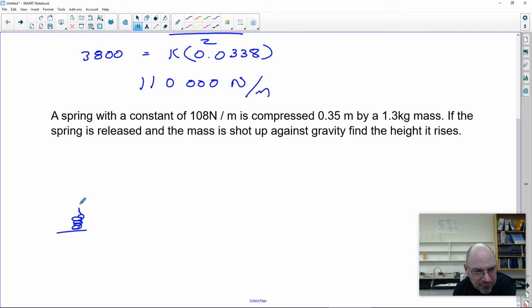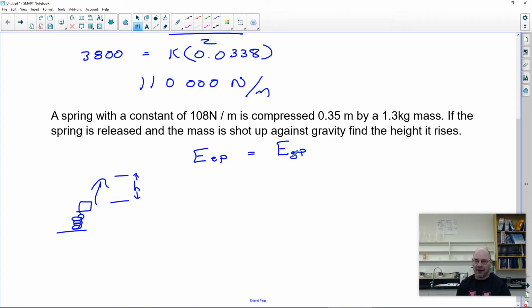It's going to shoot this mass upwards into the air, and it's going to go up some height above where it was when it was compressed. Okay, so basically we're going to be looking at conservation of energy. So we're going to convert all the elastic potential energy into gravitational potential.